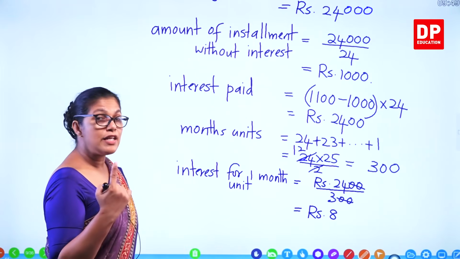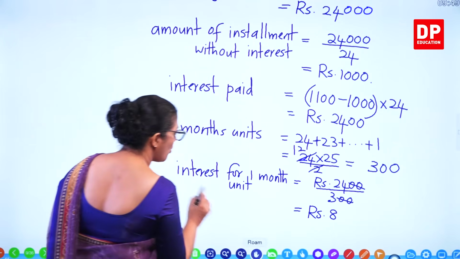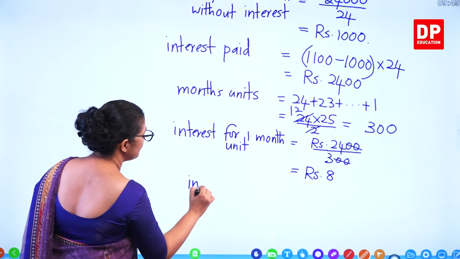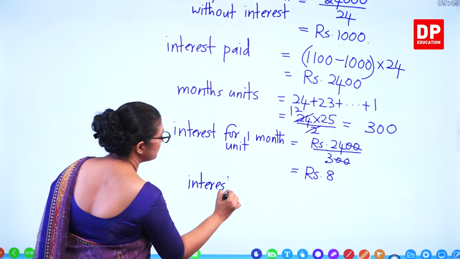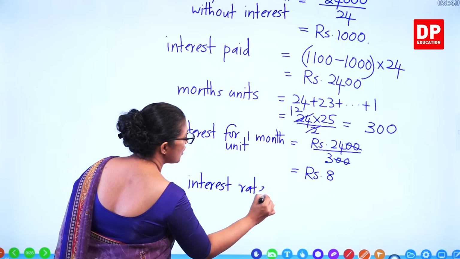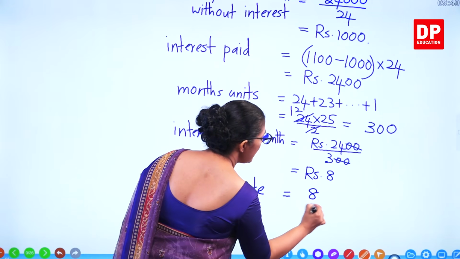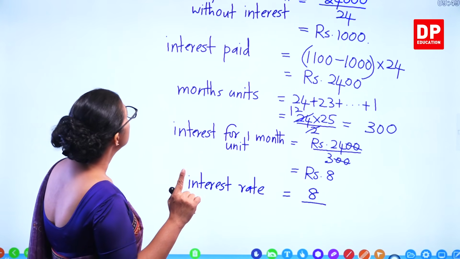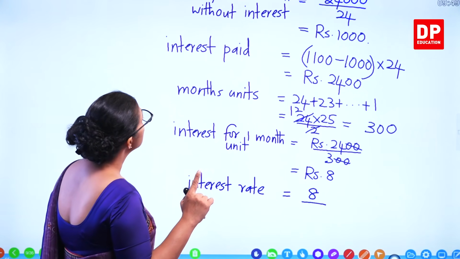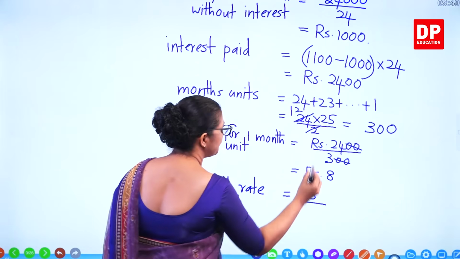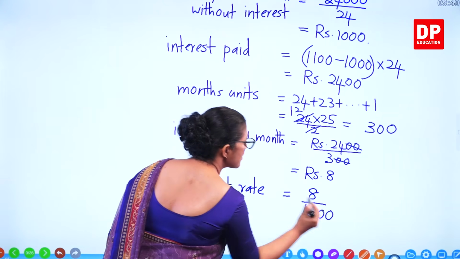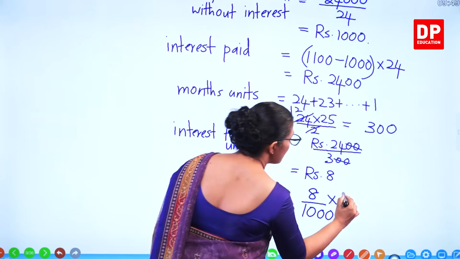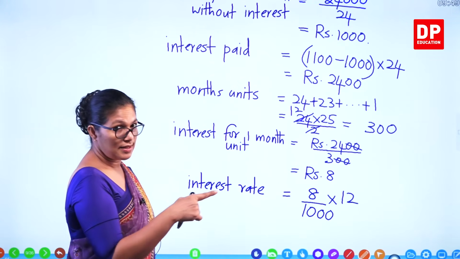Now we need to find out the interest rate. So interest rate becomes you have to pay 8 rupees for 1 installment. That means for 1,000 rupees without the interest. And you have to multiply this by 12 because this is monthly.